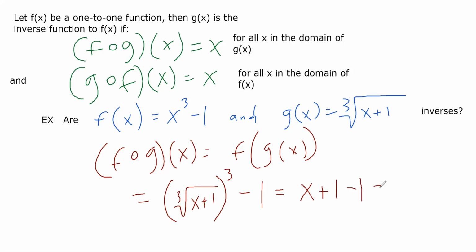When you combine like terms, you just end up with x. So we can check this part off. Okay, f of g of x works. It does what it's supposed to.